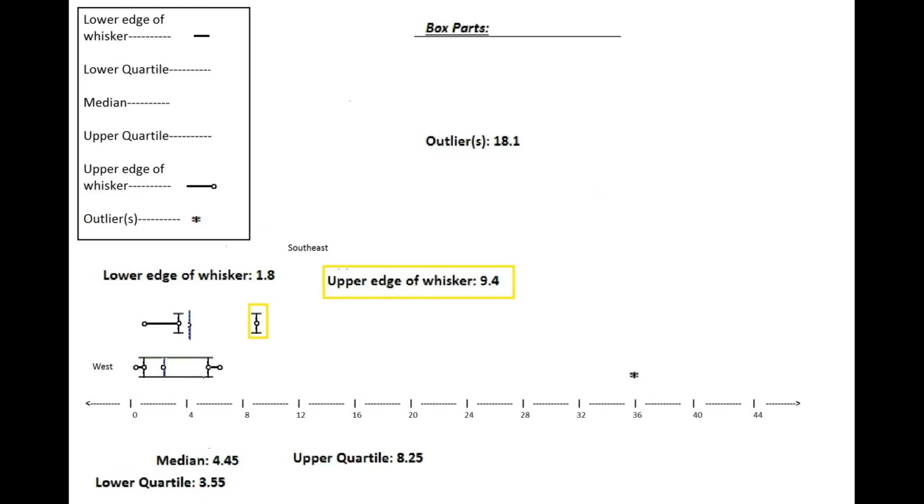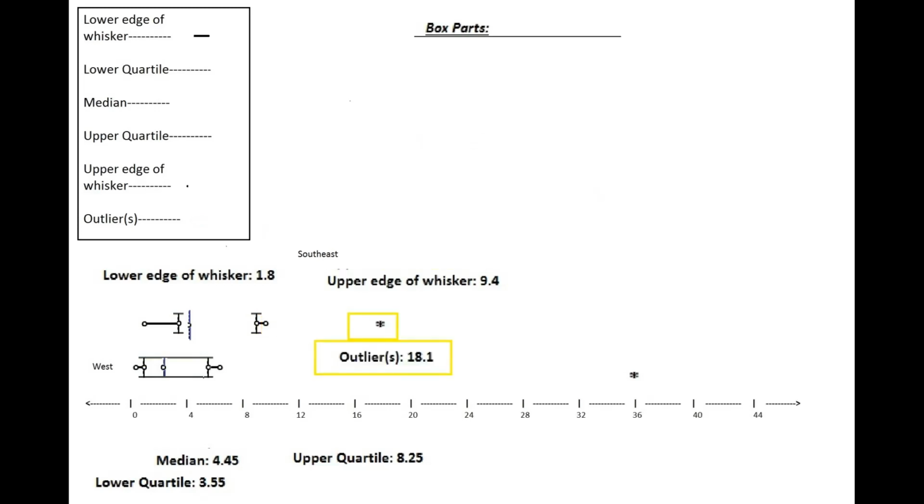So we have added that, and you can see that our upper edge of our whisker is right here at 9.4. And our outlier is 18.1. And that's going to be the value represented by the asterisk because it does not fit with most of the rest of our data points. All right, and we only have one outlier for this one.